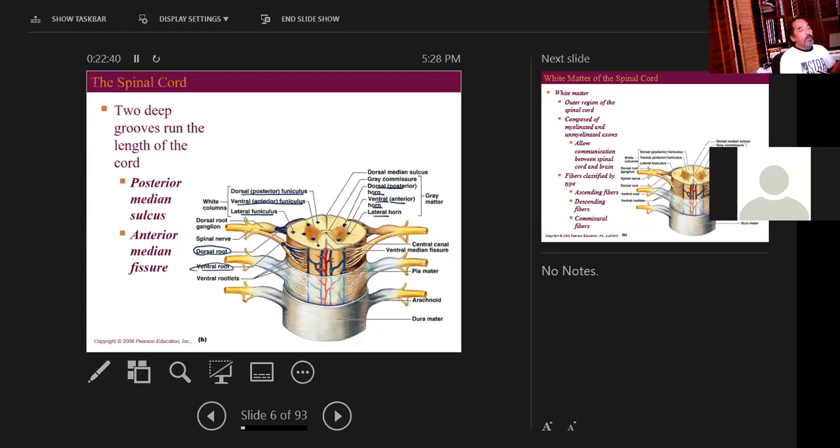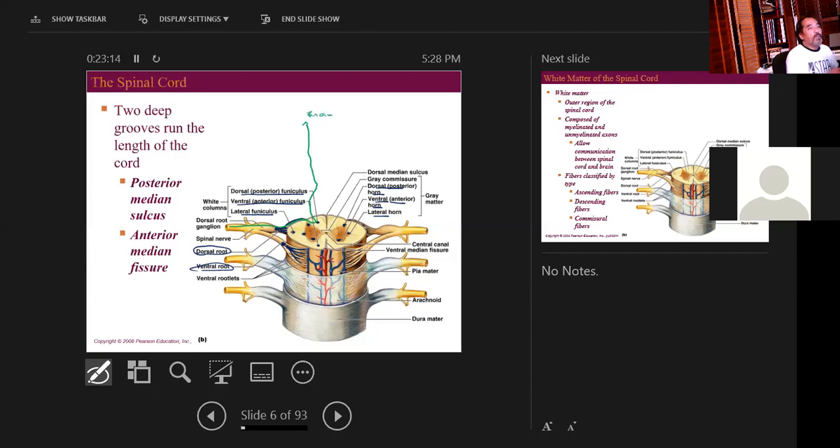So what's the difference between a dorsal and a ventral root? I'm going to change it to green. The dorsal root is made out of sensory nerves. They come from the outside into the spinal cord, and after that, because they're sensory, they have to go up to the brain.